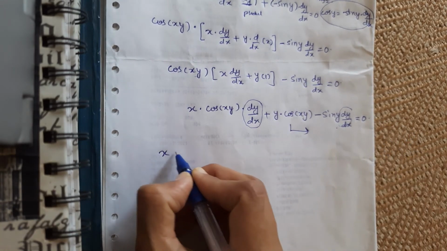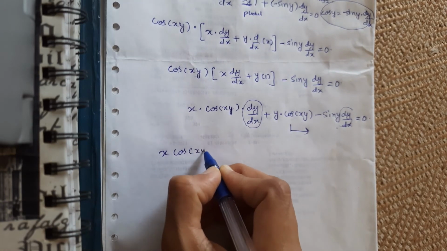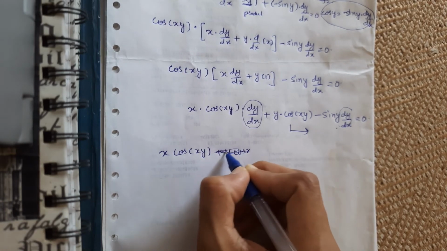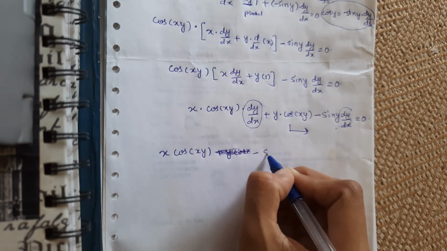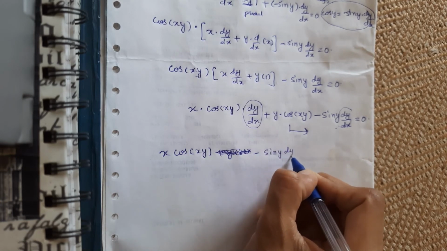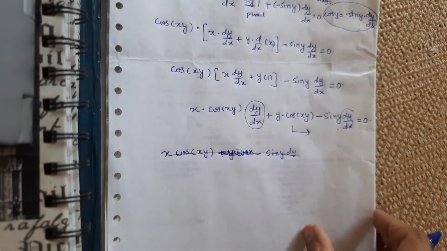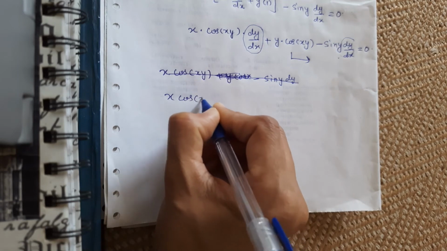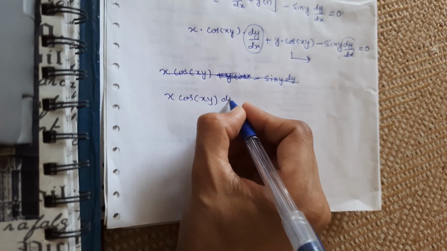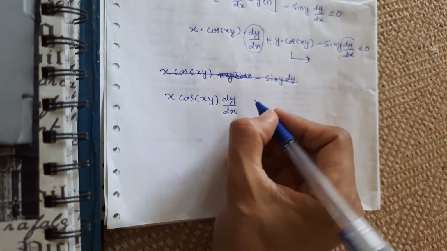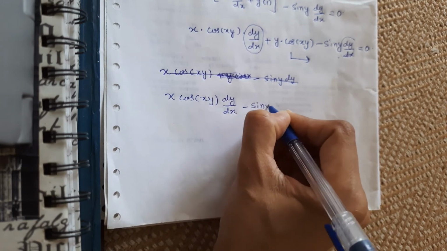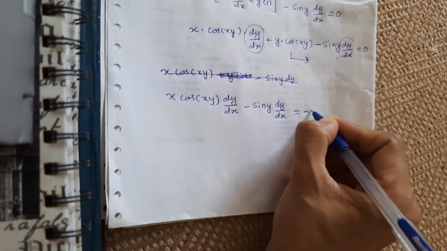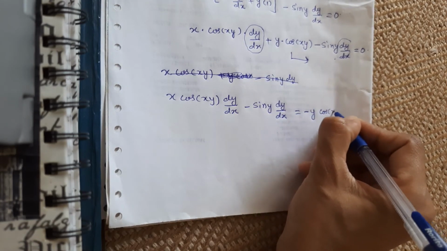I will get x cos(xy) dy/dx minus sin y dy/dx equal to minus y cos(xy).